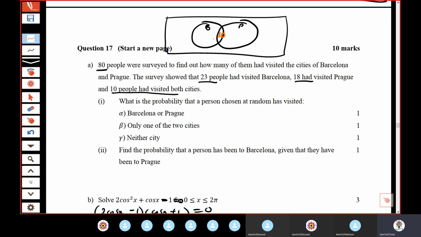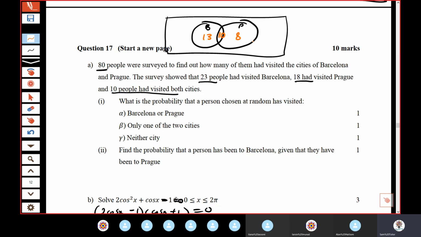23 had visited Barcelona. That means 13 only visited Barcelona, because 23 had visited Barca, that's including the 10. And 18 had visited Prague, which means 8 only visited Prague. Because again, 8 plus 10 is 18.